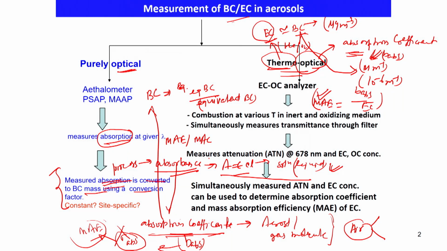What conversion factor should I use? I mean mass absorption efficiency. Usually we use a constant conversion factor, which may or may not be true, and then we also use site specific ones, because all the sites will have different aerosol composition. So you should use different mass absorption efficiency at different sites, but that is not the case, we usually use a constant. So this is some sort of drawback of the aethalometer.